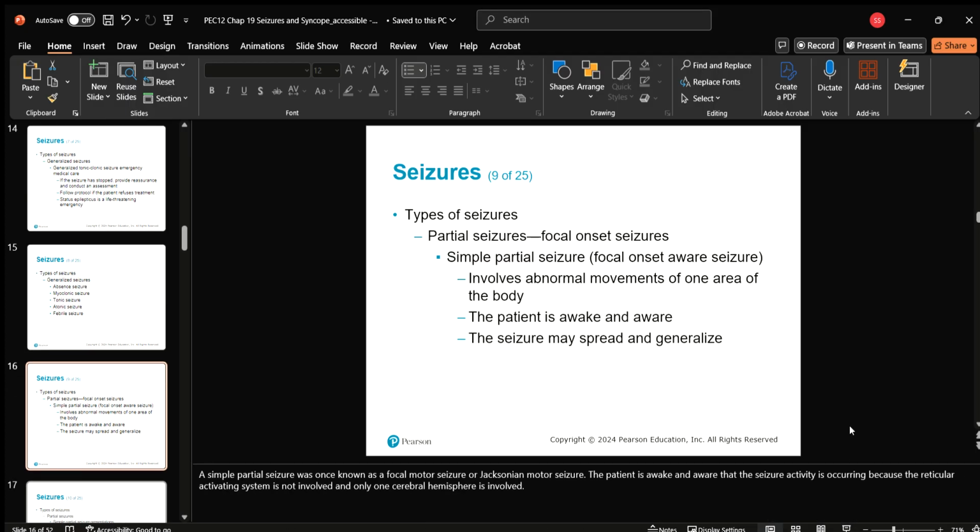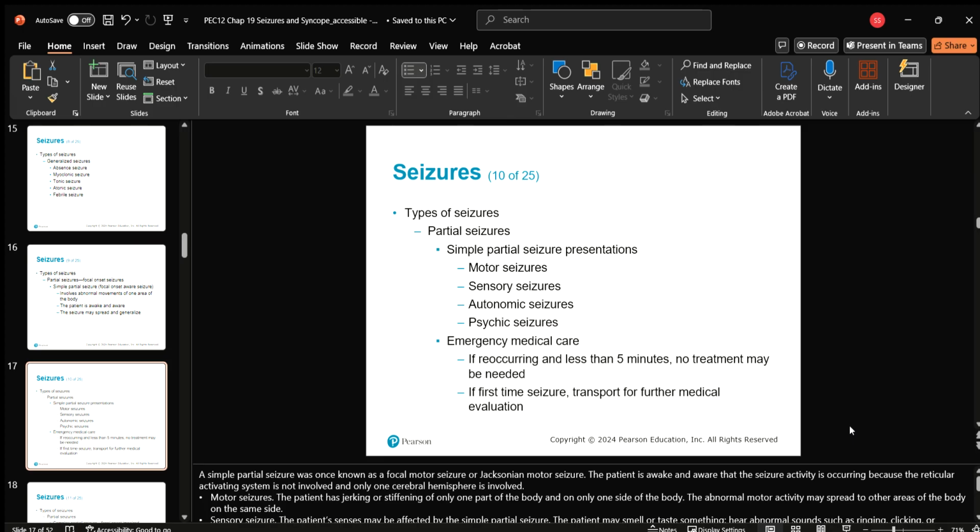Okay, more types of seizures are partial seizures, or maybe focal onset as they're called. The patient knows what's happening. They're awake and aware. They can target a very specific part of the body. For example, it could be an arm or a hand or a leg, and they just completely spasm in that area.